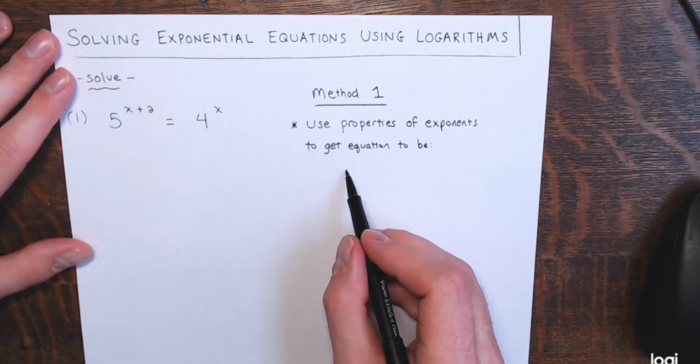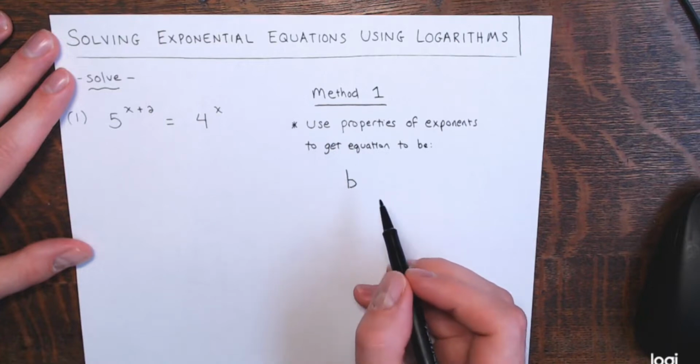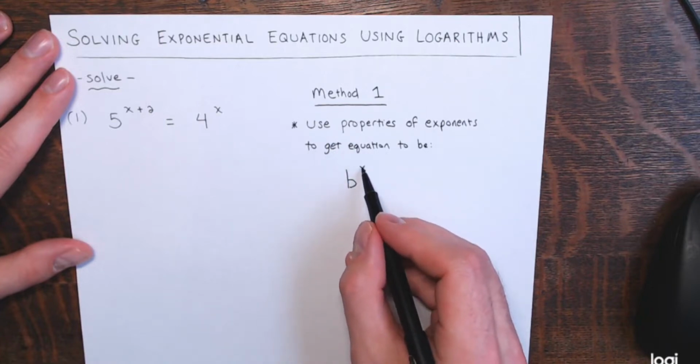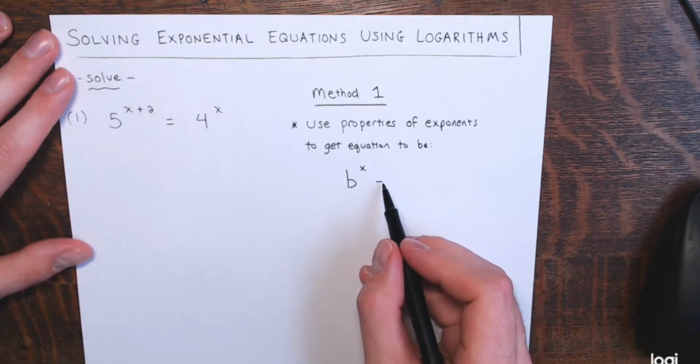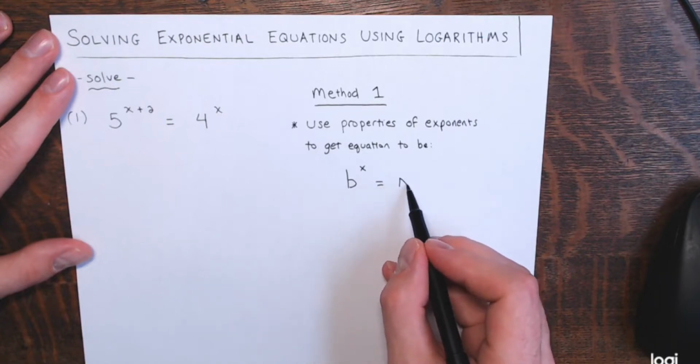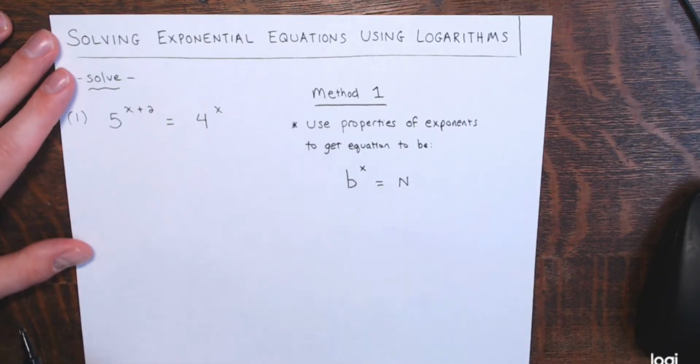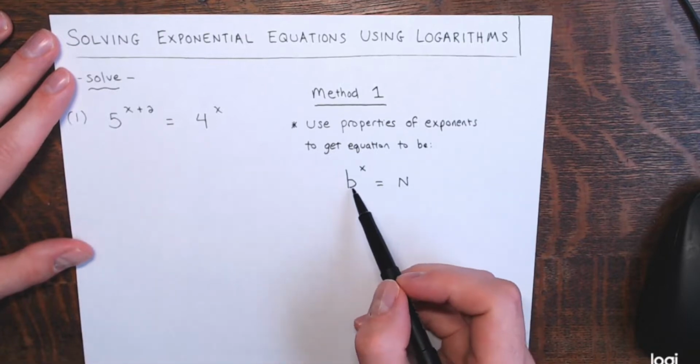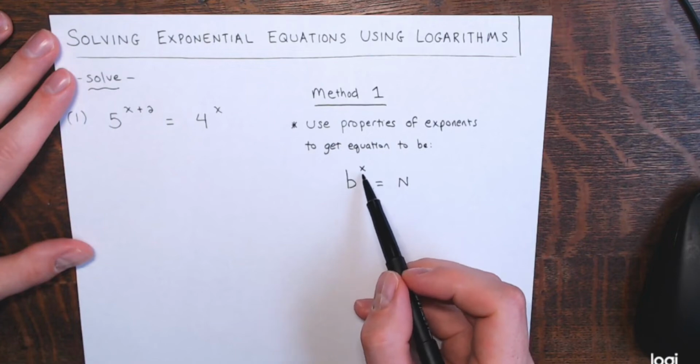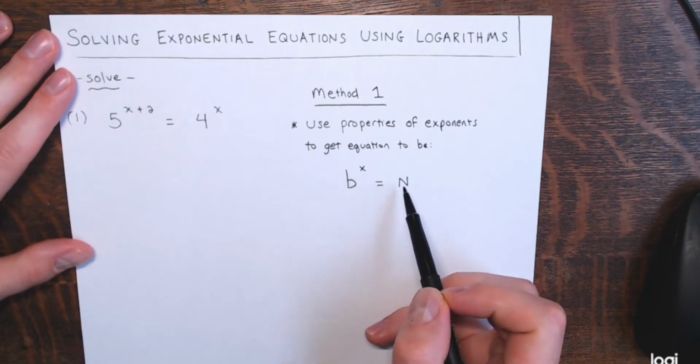I want some base to a power x equals some number, and I'll use n for number. So I want some positive base that's not 1 to just the x power equals some positive number over here.